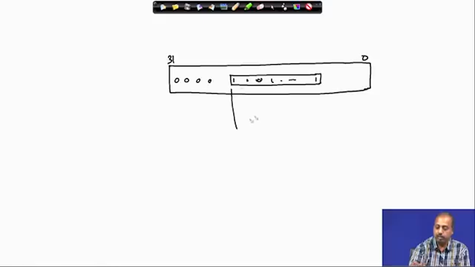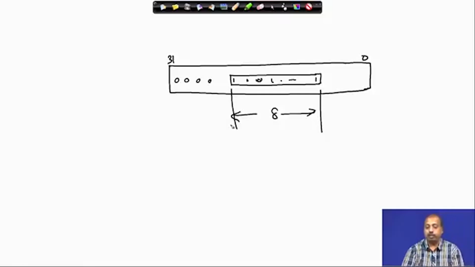This should be 8 bits. So, the ones should be distributed in a block of 8 bits, and this block cannot start at an arbitrary point. It has to be at 2-bit boundaries: it can start at location 0, but it cannot start at location 1. It can start at location 2, and like that it can go.